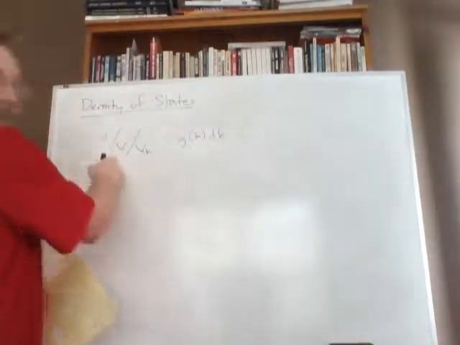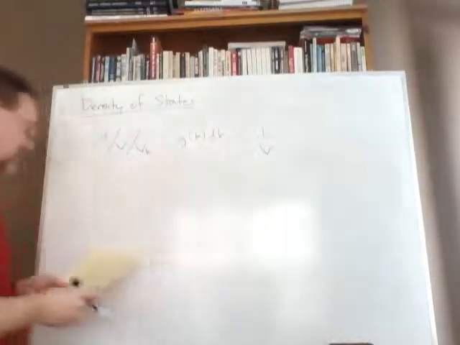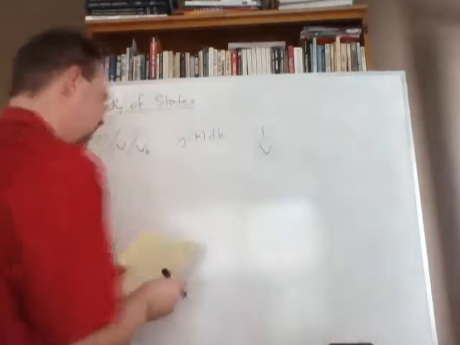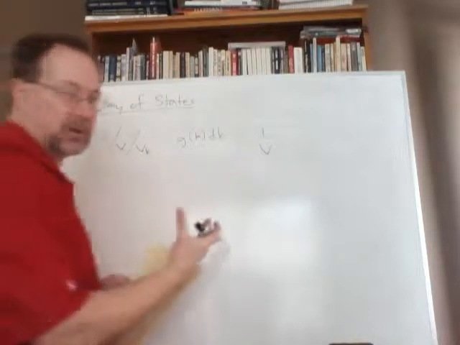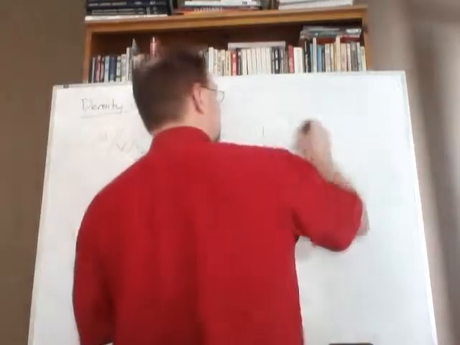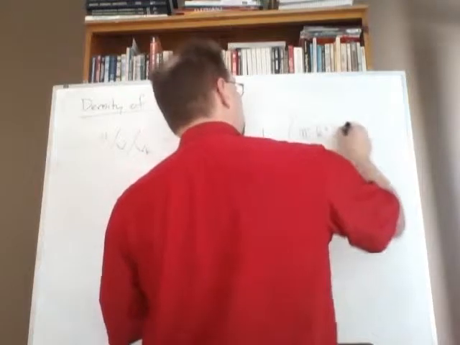Well, the per unit volume here, we're just going to say 1 over V. The differential volume in K space, we just found to be pi over 2 k squared dk.